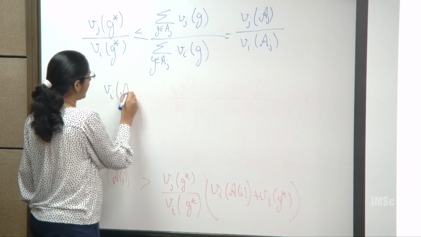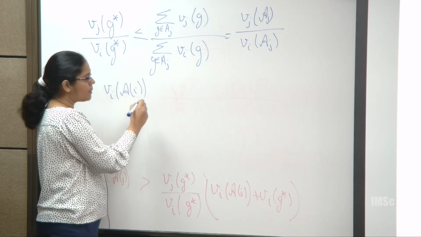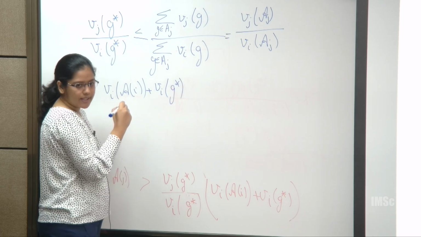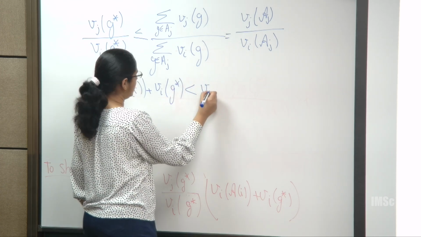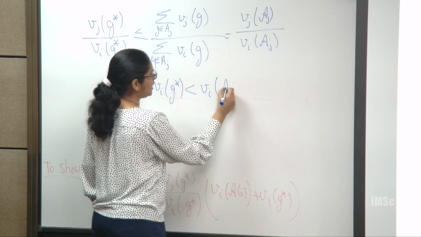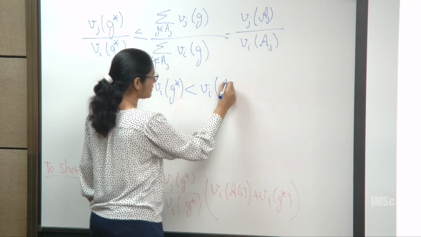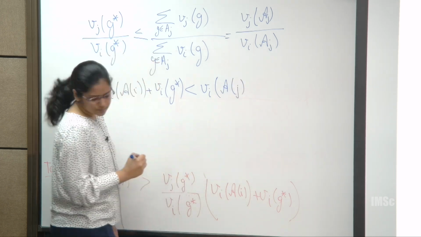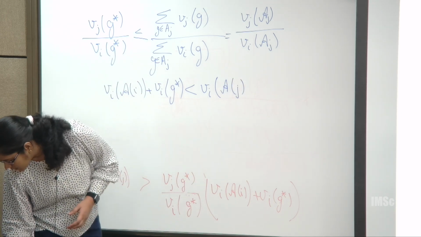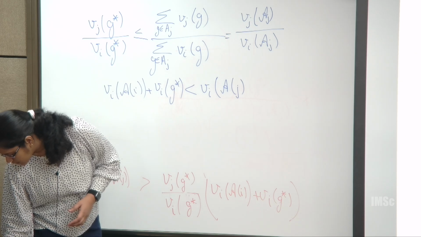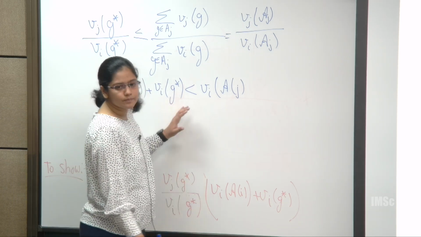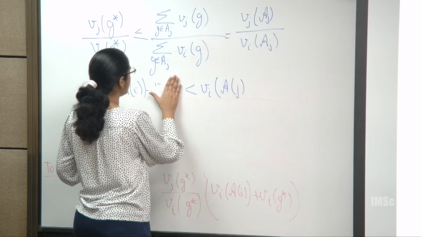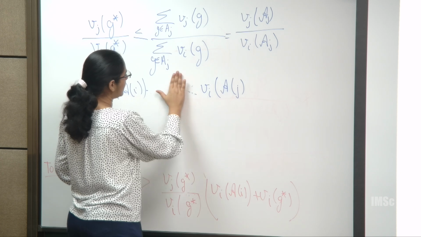So, now because of that, what do I have? V_i of A_i plus V_i of G star is less than V_i of A_j, correct? Is this fine? In case there is a confusion, because of the EF1 definition, I can write that.